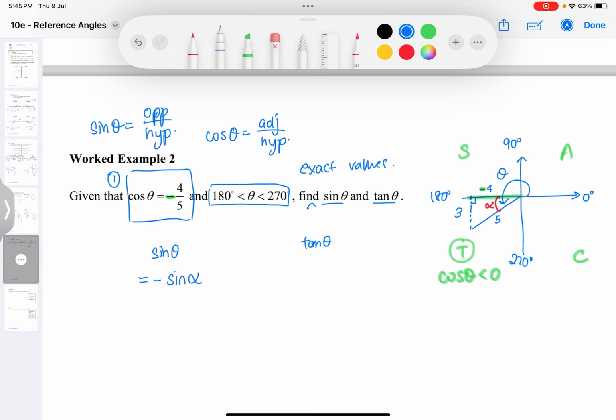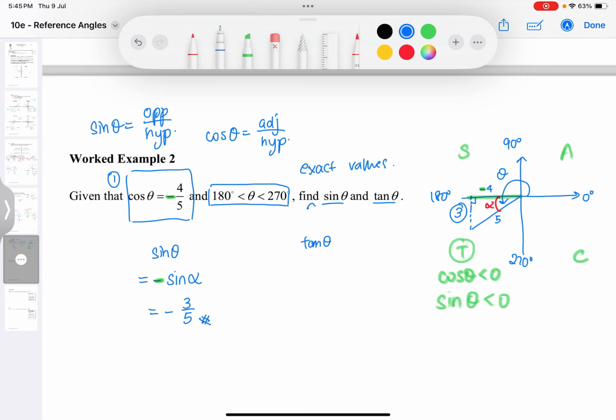Why negative? Because in the third quadrant, only tangent is positive, so sine is also negative. Opposite is 3, hypotenuse is 5, so this is negative 3 over 5. So that's the answer.